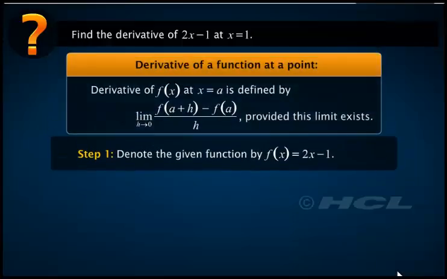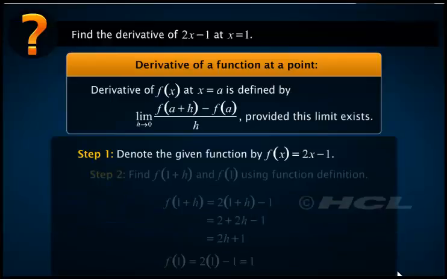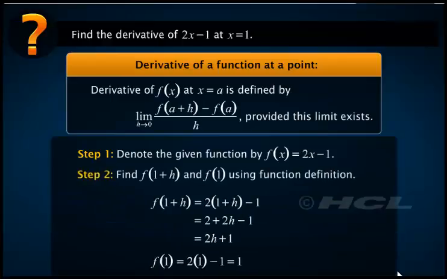Recall that the derivative of a function f of x at x equals a is equal to the limit of f of a plus h minus f of a over h as h tends to 0. Notice that the value of a is equal to 1 in the given function here. Hence, we find f of 1 plus h and f of 1 by replacing the variable x by 1 plus h and 1 respectively in the given function.